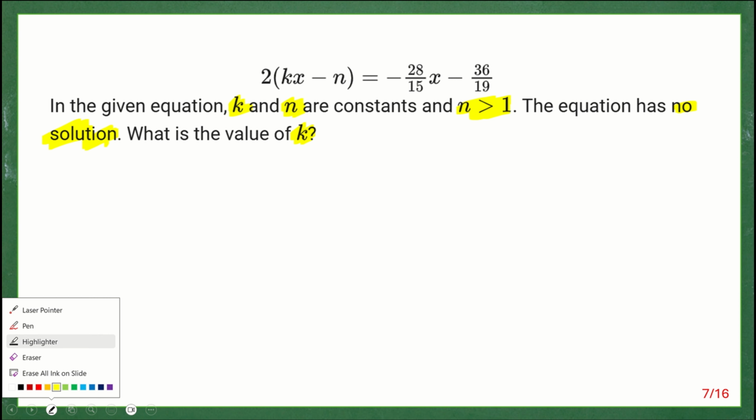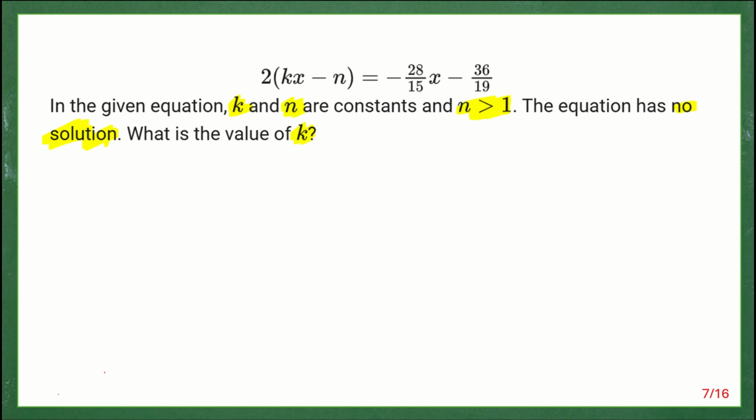Now, for the no solution condition, it means that basically no value of x can satisfy this expression here. Okay, or since we are given a linear equation with a single variable on both sides, it means that these two equations, that is representing the equation of a line, are parallel to one another.